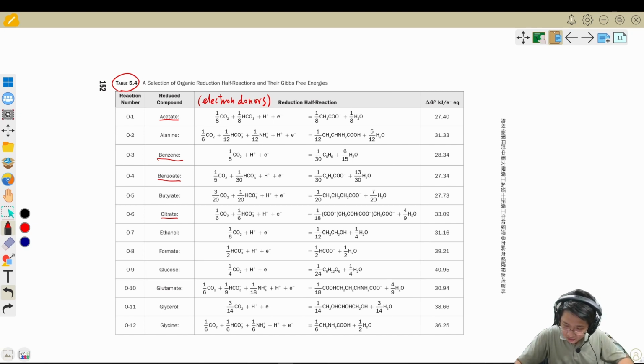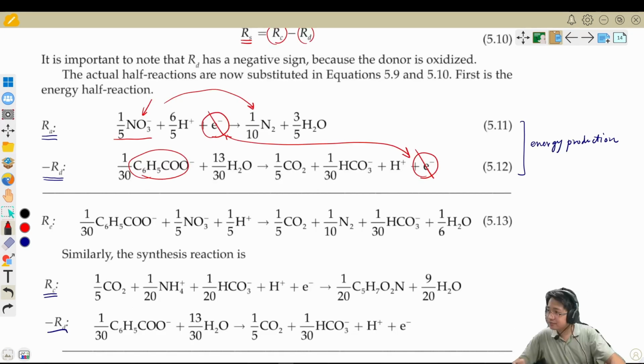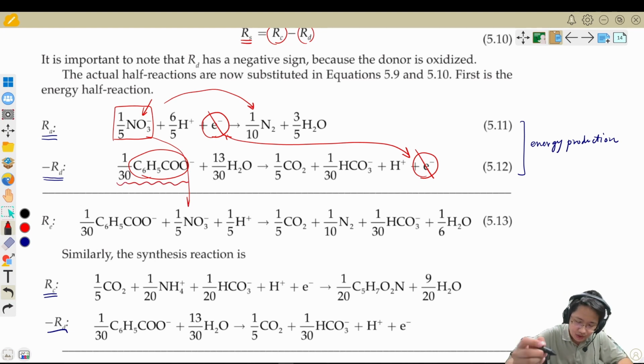Okay. So here you will get the nitrate. Basically just move them to the reactant, and also the organic substrate. Also move them to the reactant. And the overall things you will move to the product here.